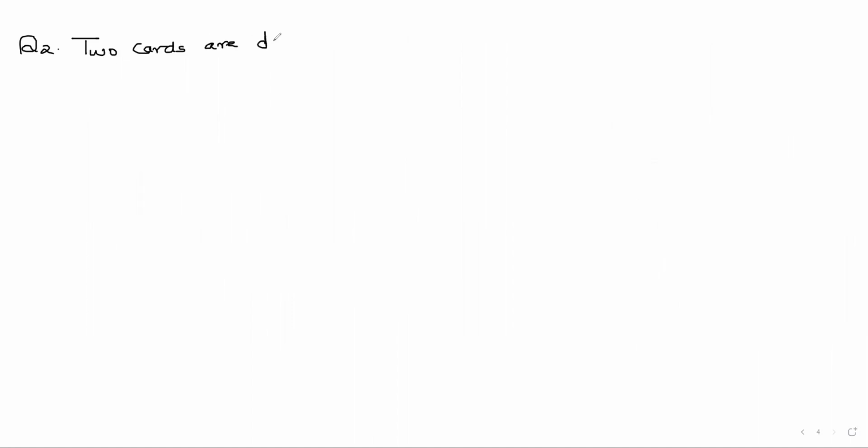Two cards are drawn simultaneously from a pack of 52 cards.